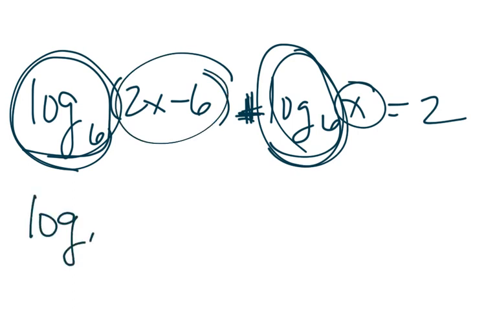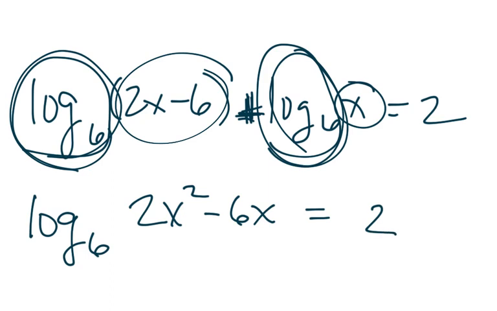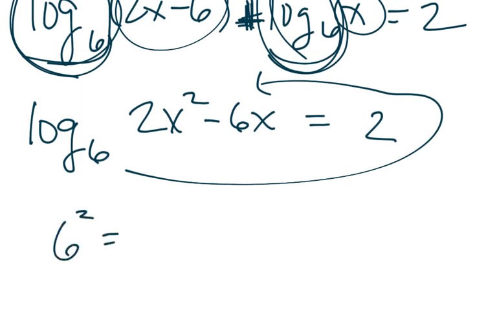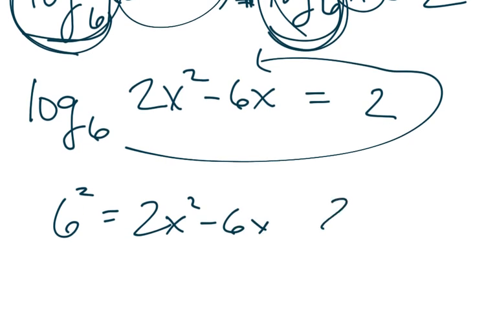So this is really log base 6 of 2x squared minus 6x equals 2. And now you can circle the wagons. That's going to be 6 squared equals 2x squared minus 6x. Okay, so that's 2x squared minus 6x equals 36.